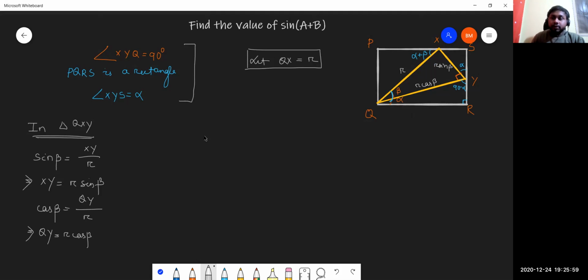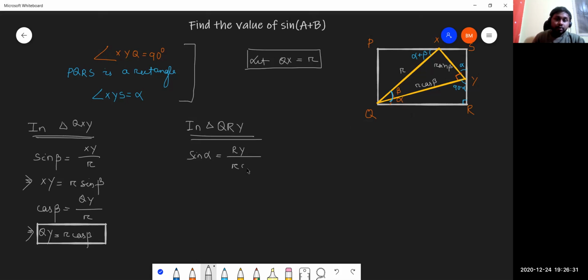Now let's go for the next triangle, triangle qry, this below triangle here. In this triangle, you can see the angle given is alpha. So if I go for sine alpha, it will be ry divided by this length qy. And we already got qy here, that is r cos beta.